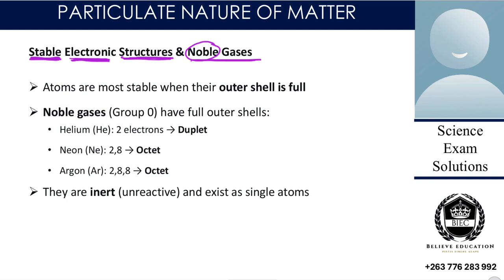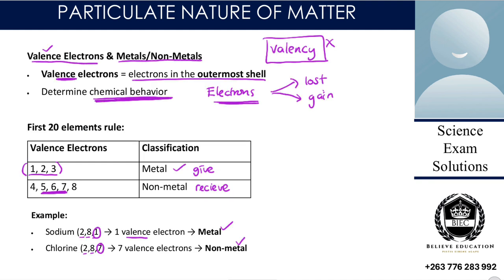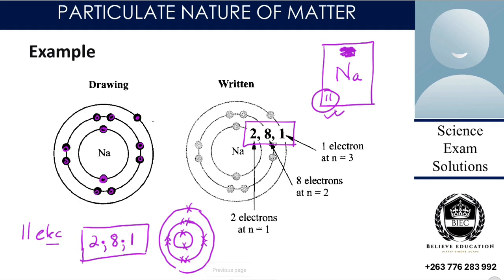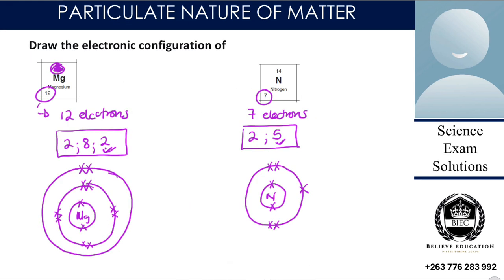So the first point is that atoms are the most stable when their outer shell is full. Are we together? Now we're saying when the outer shell is full, that's when it's what? It's stable. Okay, let's go back to these guys. This one is magnesium. And how many electrons? I need 2, my electrons are in my outermost shell.